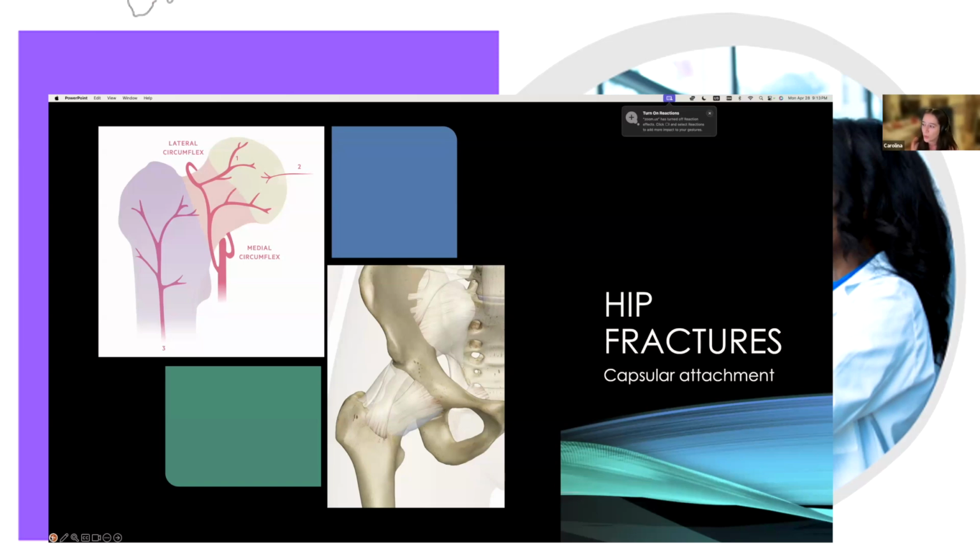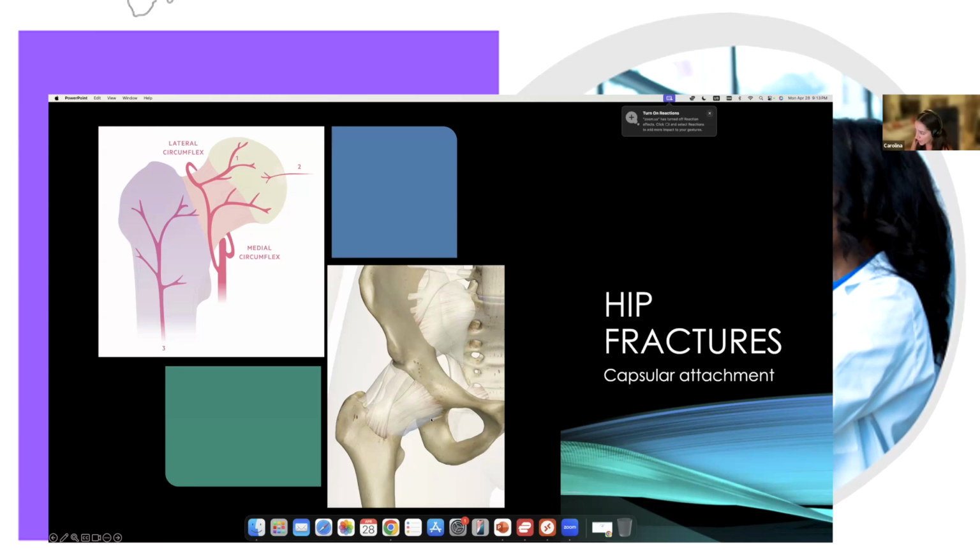And in order to talk about hip fractures, we definitely need to mention a little bit the capsular attachment of the hip, because this is a joint that has a particular capsular attachment. The capsule doesn't attach where the joint ends.